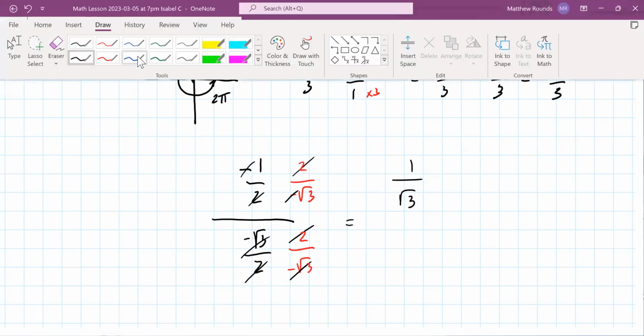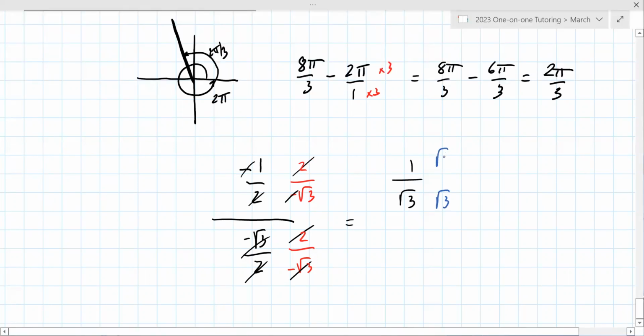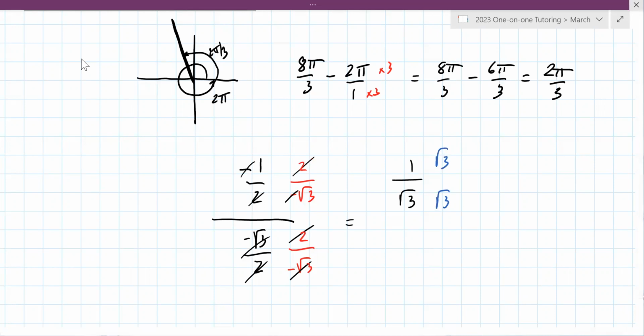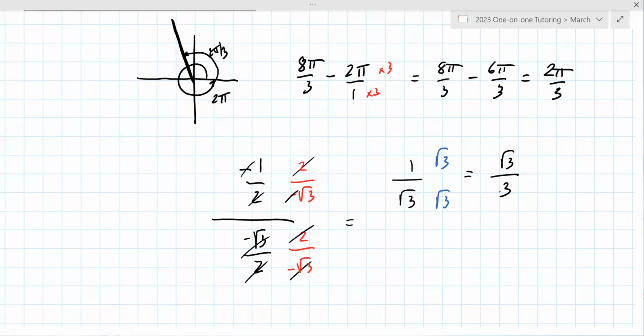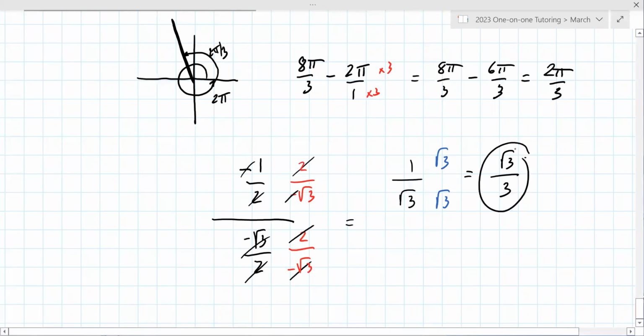From here, you can multiply the top and bottom by root 3. So then, is that just your answer? That is it. That's your final answer. Okay.